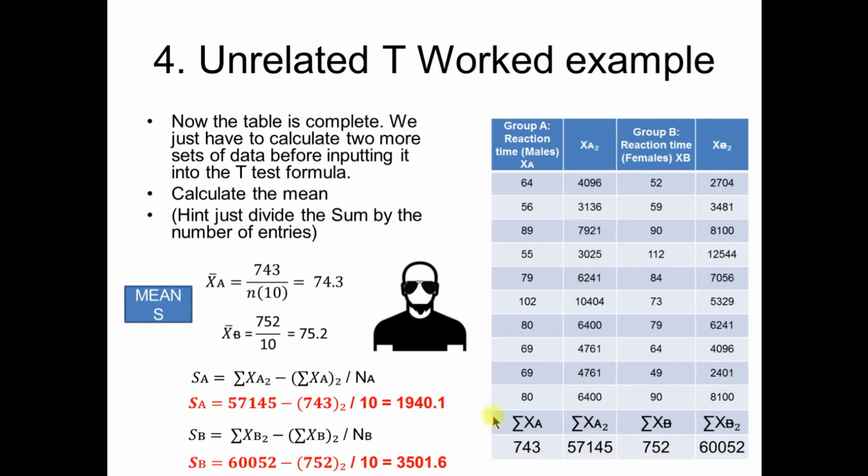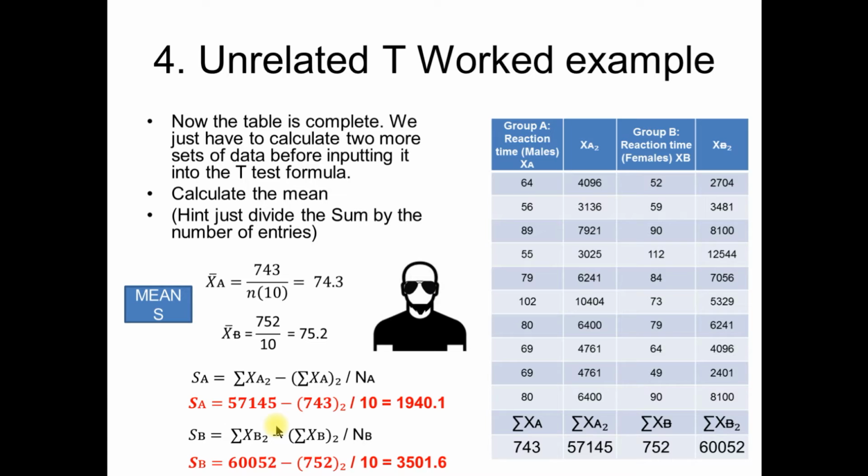So NA is the number of participants in column A. So we do this. 57145 is our sum XA squared. We minus from that 743, which is sum XA, square it and divide the whole thing by 10. That gives us 1940. Be careful how you square and divide.